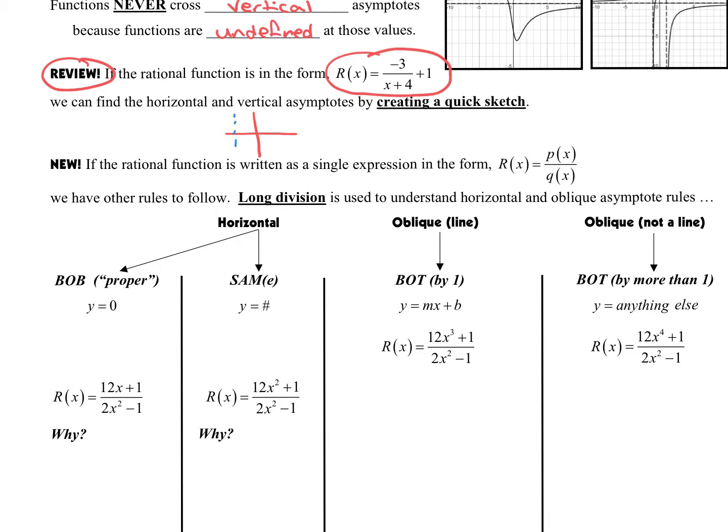So that means that our asymptotes are going to actually look like this, -4 and up 1. So without doing a whole bunch of work or using any of our new stuff, we can see that we have a horizontal asymptote here at y equals 1, and we have a vertical asymptote here at x equals -4. So that's just a really important idea to keep in mind.